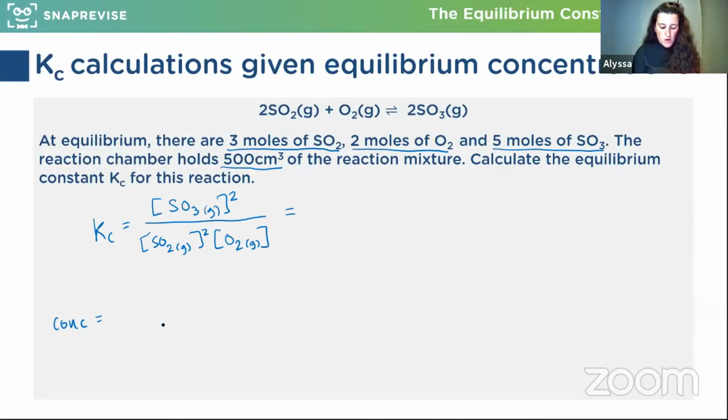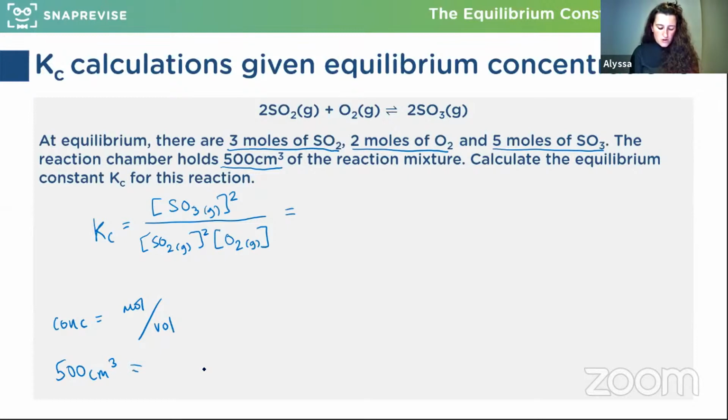Concentration is moles per volume, but our volume needs to be in decimeters cubed. We measure concentration in decimeters cubed. That's our standard unit. So we're going to need to convert, because we've got centimeters cubed. So 500 centimeters cubed. How do we convert to decimeters cubed?